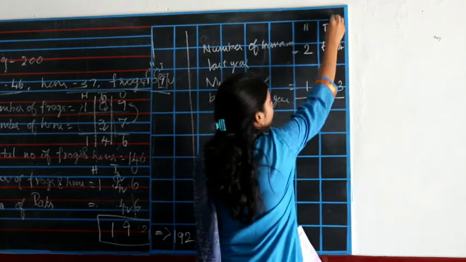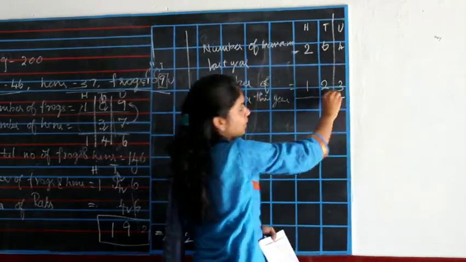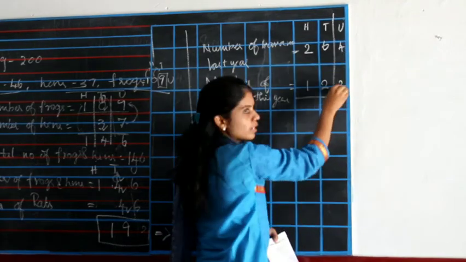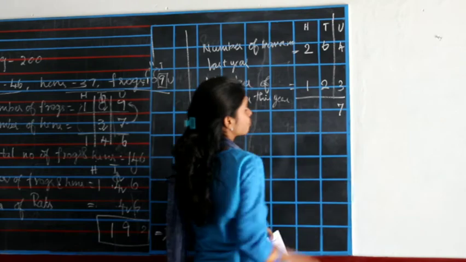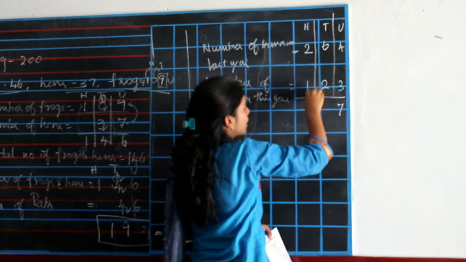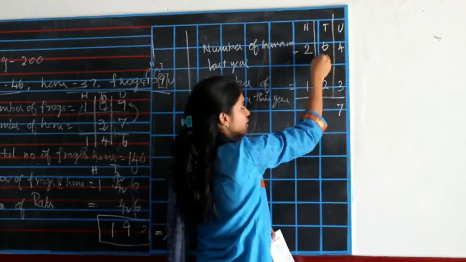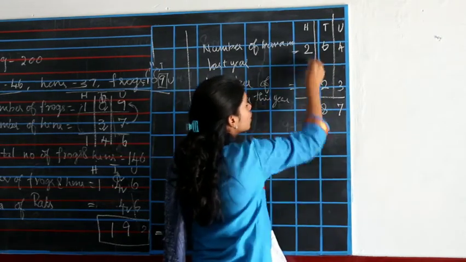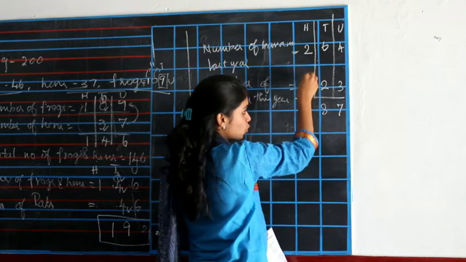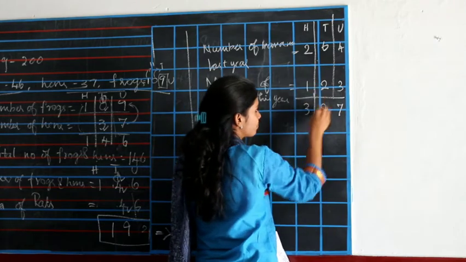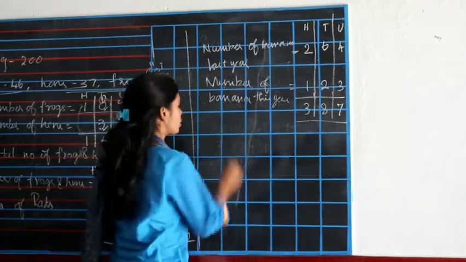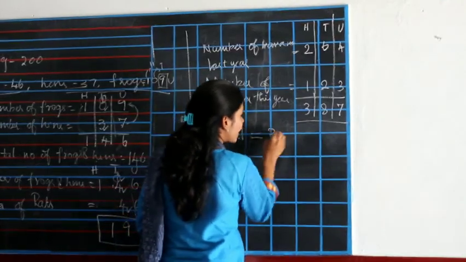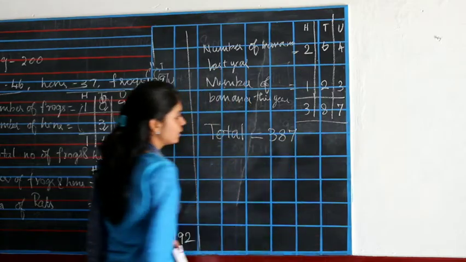We should always start adding from the unit. 4 plus 3 will be 7, and next we move to tens. 6 plus 2 will be 8, and then 2 plus 1 will be 3. So totally the farmer has grown 387 bananas in 2 years.